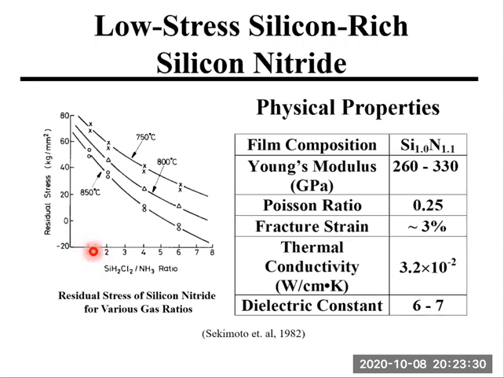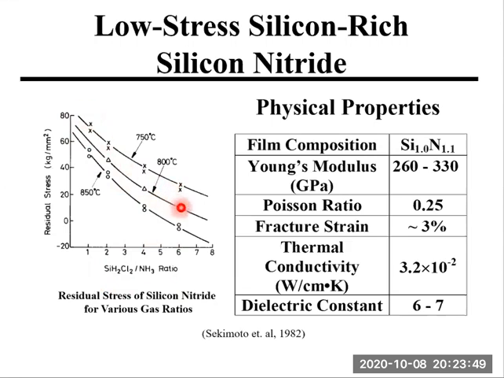Then we can observe that if we increase this gas flow ratio, namely if we increase the amount of dichlorosilane, then the residual stress will decrease.